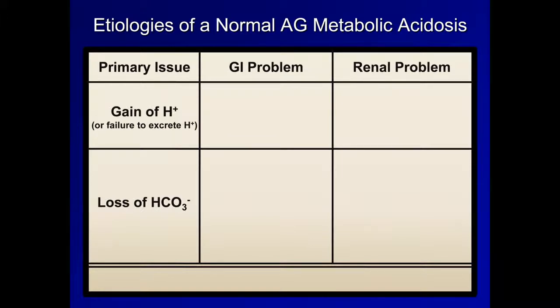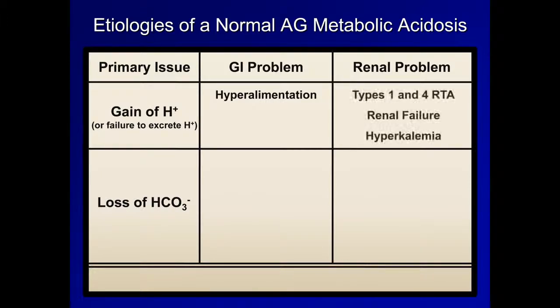Although calling it a GI problem is a bit of a stretch, hyperalimentation is frequently listed on this differential diagnosis. This basically means that a person is being artificially fed either through tube feeds or TPN at a rate far in excess of what his or her metabolism is able to process. As a consequence of excessive protein loading, there can be buildup of ammonium ion and other acids that exceed the capacity of the kidneys to handle.